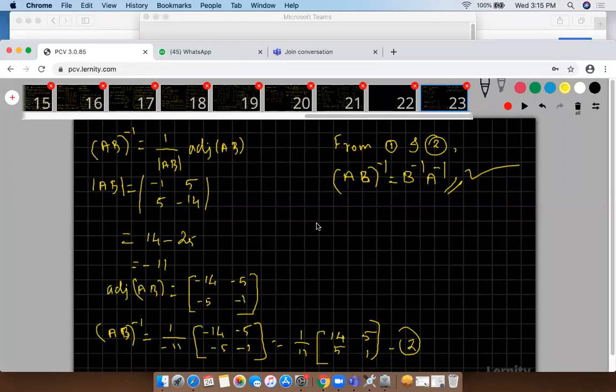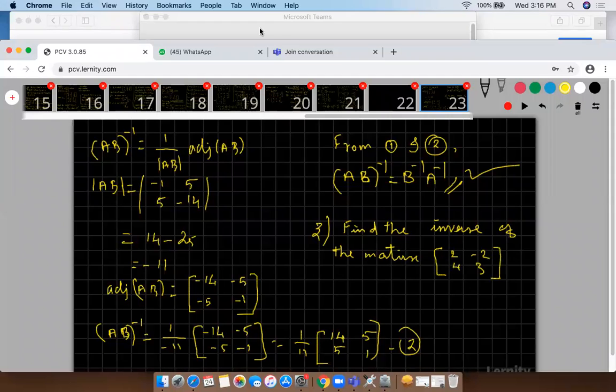Another question: find the inverse of the matrix 2, minus 2, 4, 3, that is given.